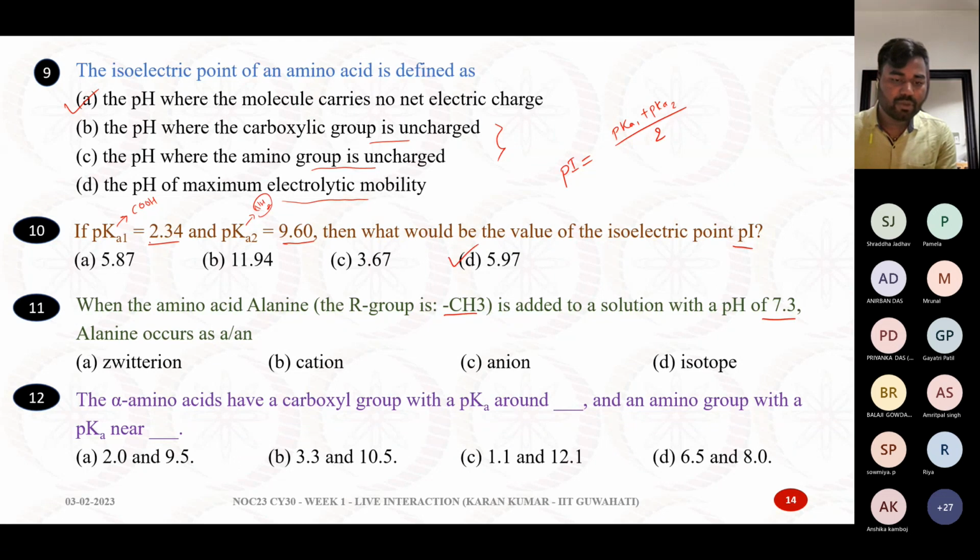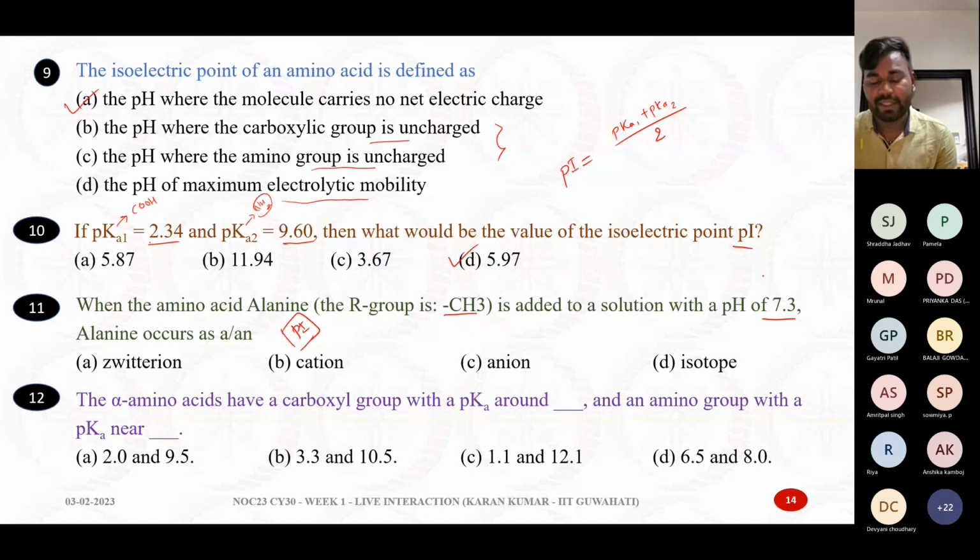To know this, you need to remember the pI value of alanine. If pI value is equal to pH value, then it will exist as a zwitterion form. If the pH of that solution is less than its pI, in which form will it exist?